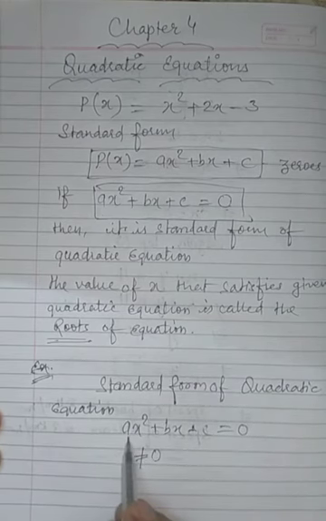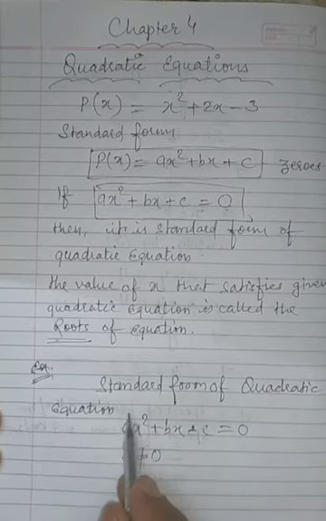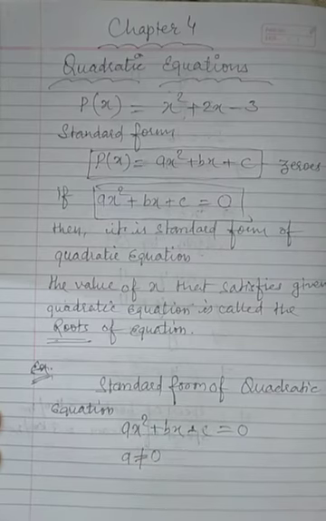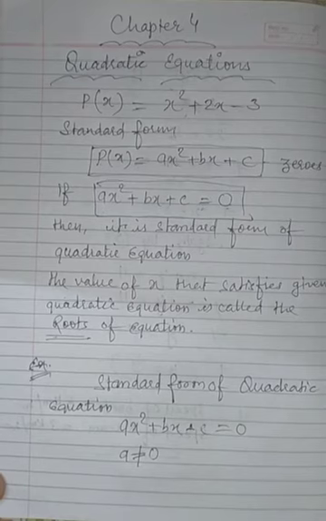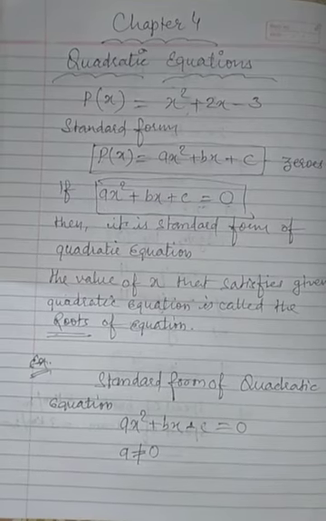Because if a is 0, then the whole term becomes 0. That means the degree will not remain 2. And for an equation to be quadratic, it should have degree 2, because only a degree 2 equation is called a quadratic equation. So this is the condition that a should not be equal to 0.